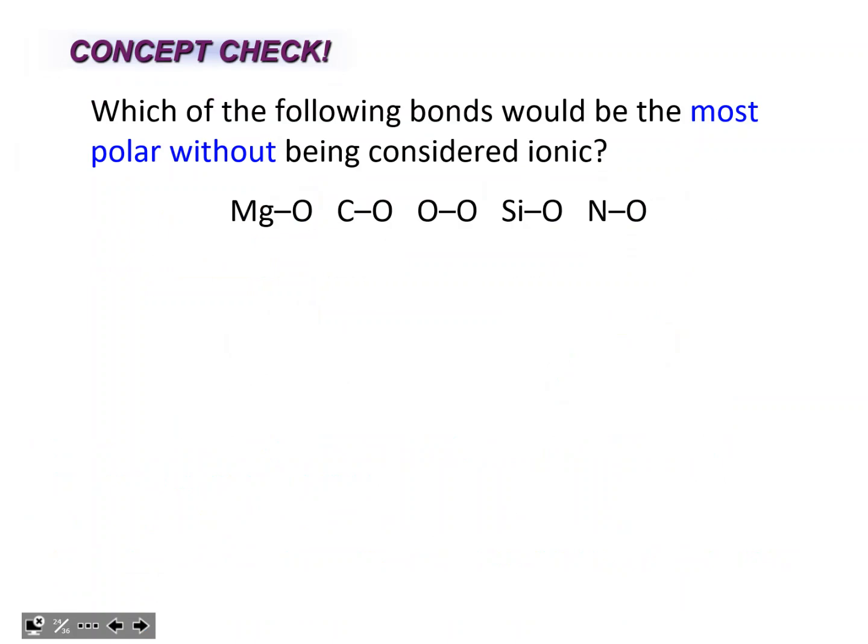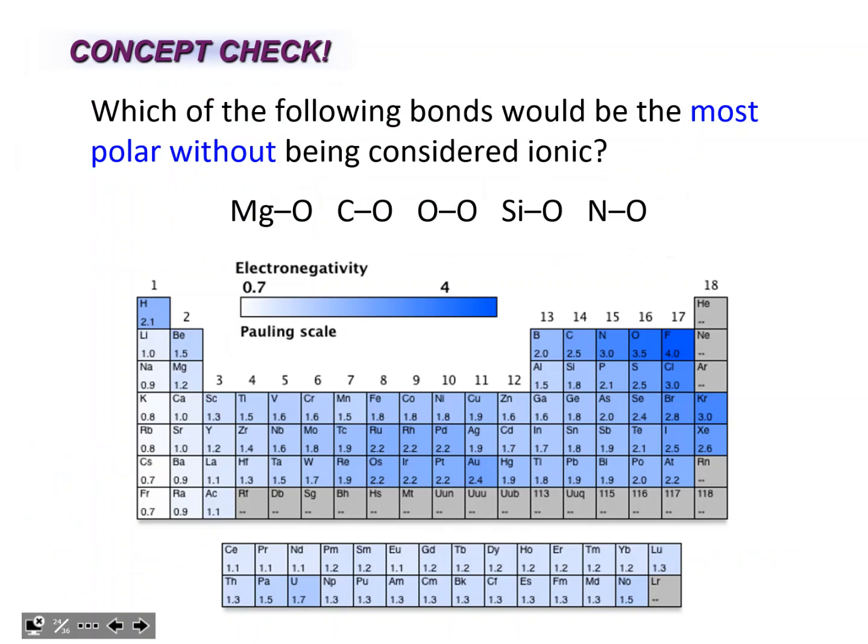So, opposite here, which of the following would be the most polar without being considered ionic? And we already said this one's ionic, and we already said that this is non-polar here. So, we're still looking at the three combos. We had the carbon to oxygen, silicon to oxygen, and the nitrogen to oxygen.